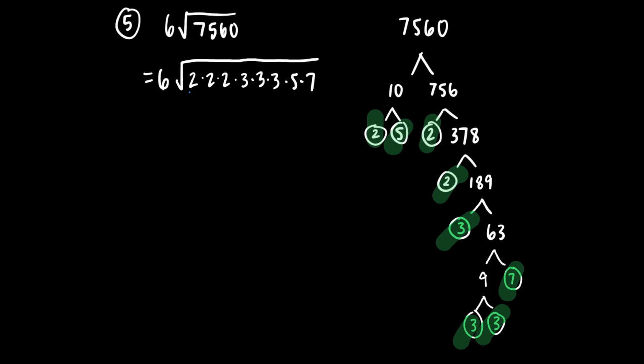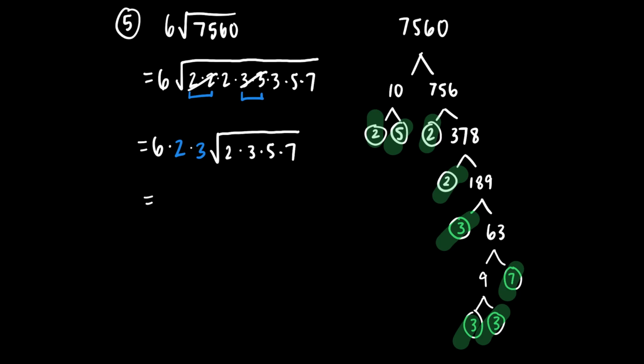So we've got a pair of 2's, a pair of 3's, and that's the only thing that's going to come out. So this will be 6 times 2 times 3. What's left on the inside after we knock out those 2's and 3's? We've still got a 2, a 3, a 5, and a 7.